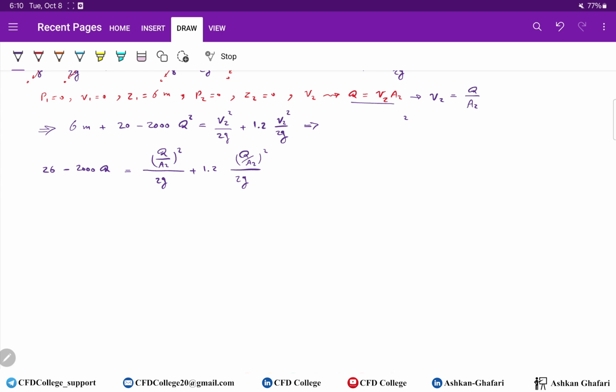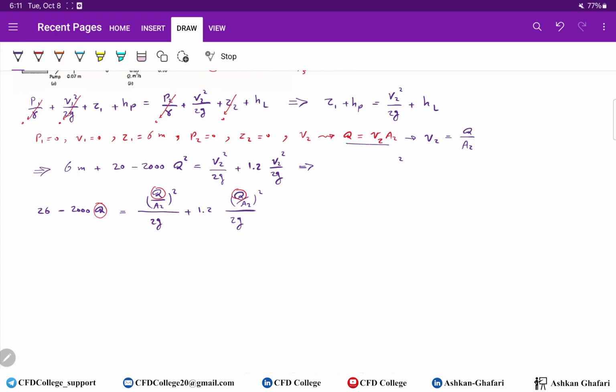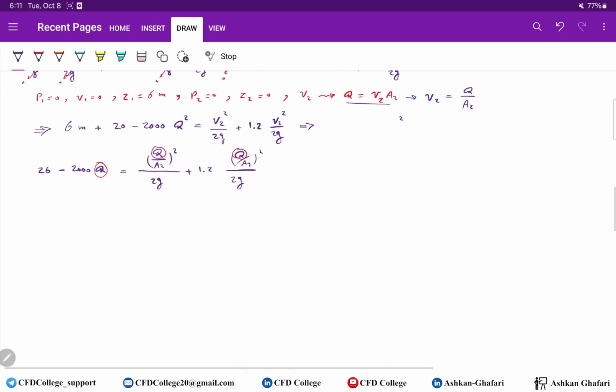And we only have one unknown in this equation, which is Q. We know gravity, and the area can be found from the diameter. So we know A2 and gravity.